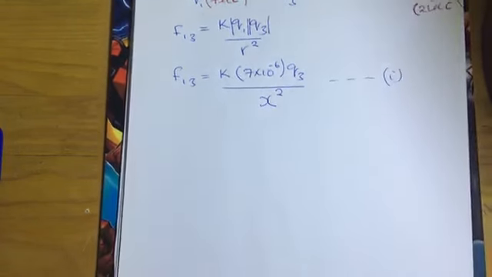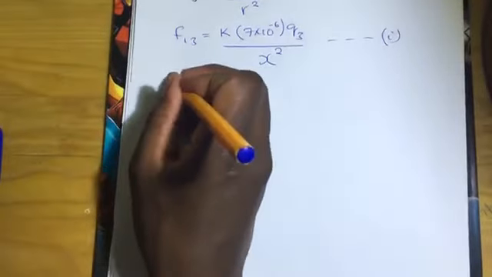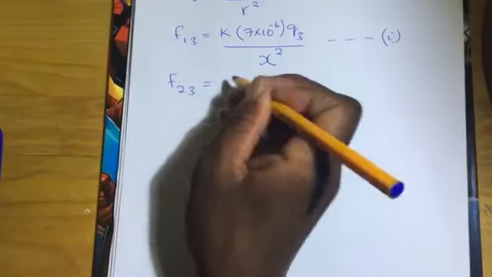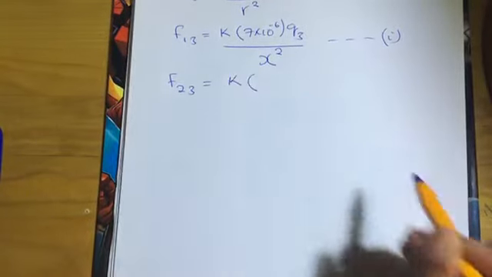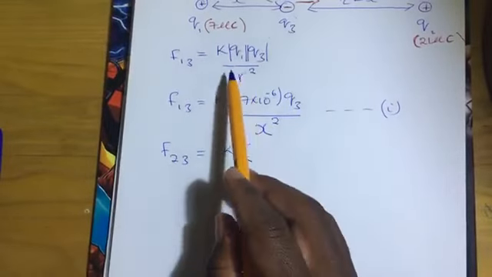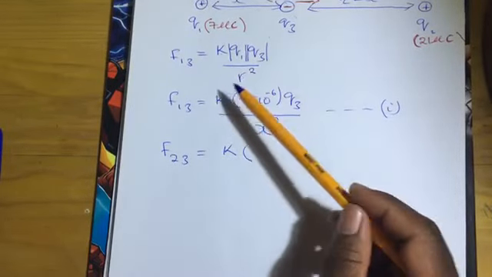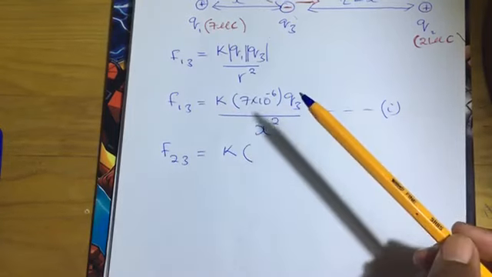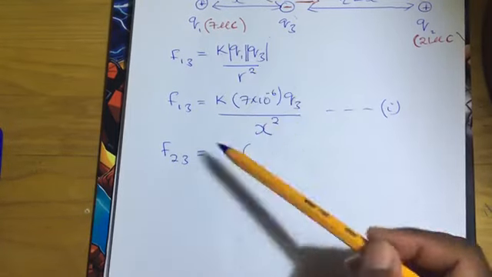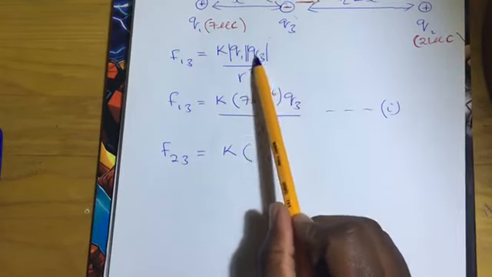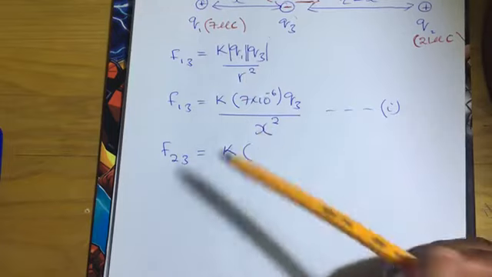Second expression, this is going to be for F23. F23 is going to be K. You're going to see why I have not substituted K and why I have not replaced K with its value. And you're going to understand why in the question they didn't bother giving you the charge of Q3.